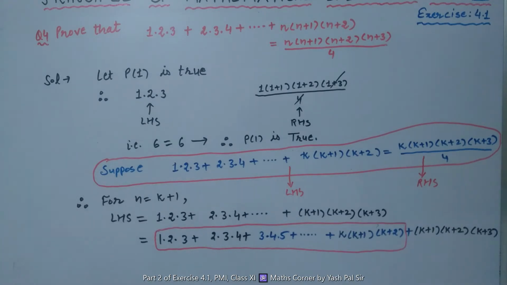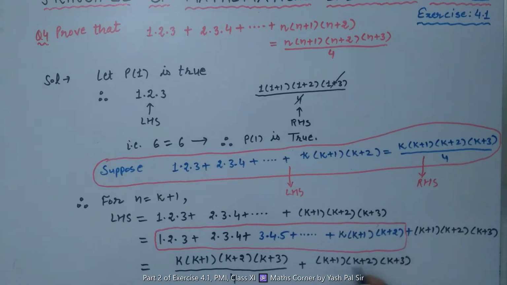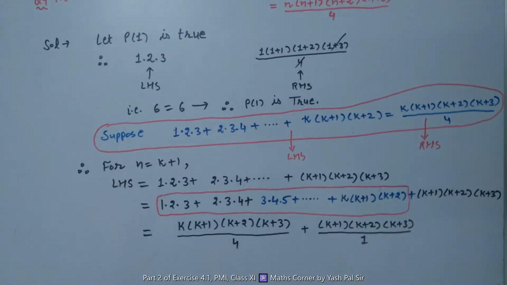This becomes equal to k into (k plus 1) into (k plus 2) into (k plus 3) whole divided by 4. And what is the last term? The last term is (k plus 1)(k plus 2)(k plus 3). The denominator we can write as 1. Now solving further, what happens?